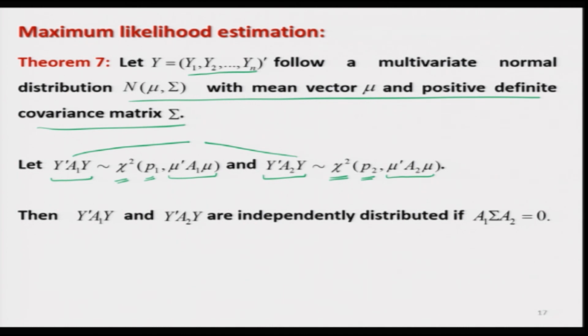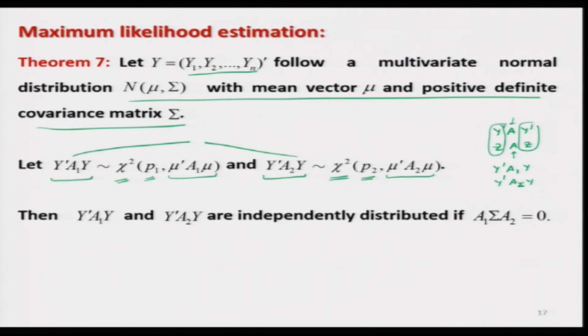Now, here you have to be very careful when you try to use this result. You see, if I write down two quadratic forms like y transpose A y and z transpose A z, what is really happening? These two variables are different, but the matrix A in both quadratic forms is the same. And the second option is that I write down two quadratic forms, say y transpose A y with the same variable y, but the matrix A is now different, A 1 and A 2.